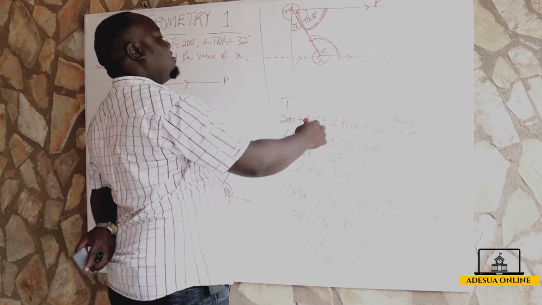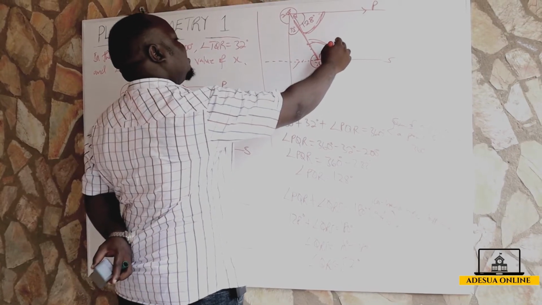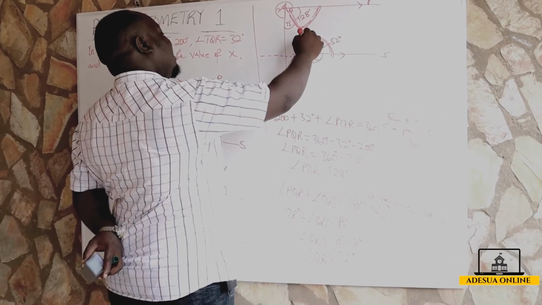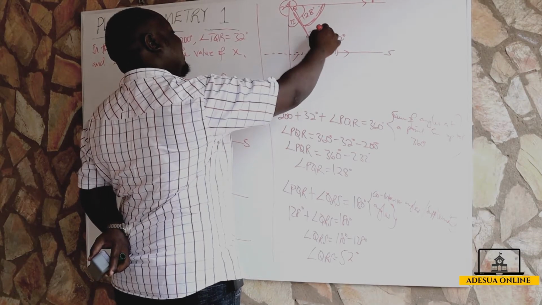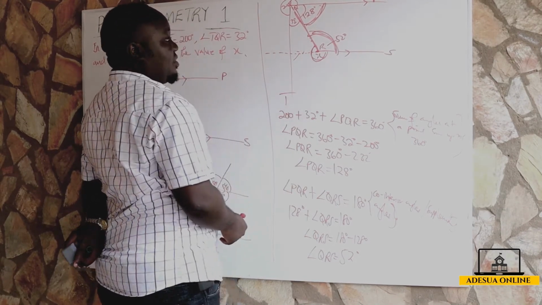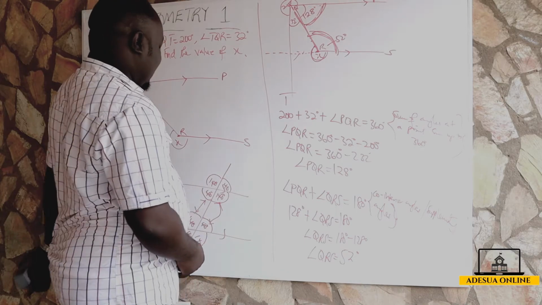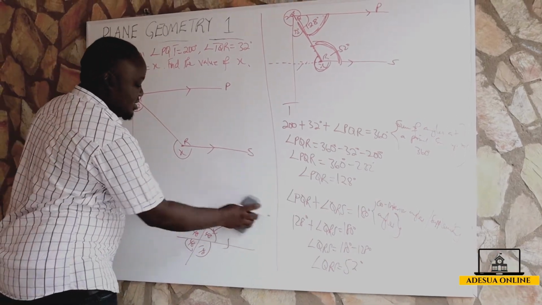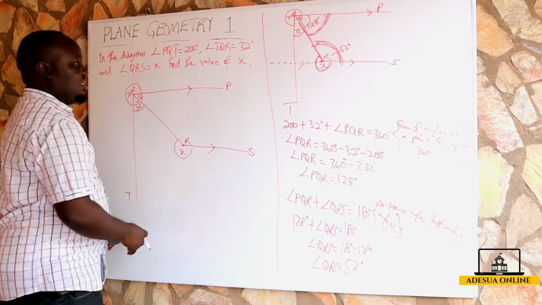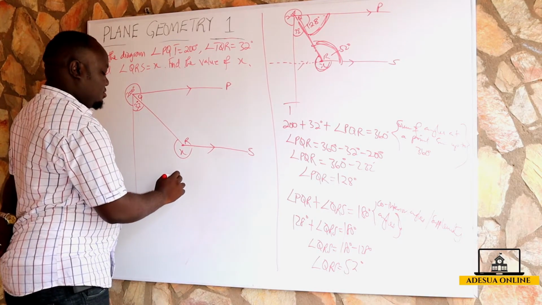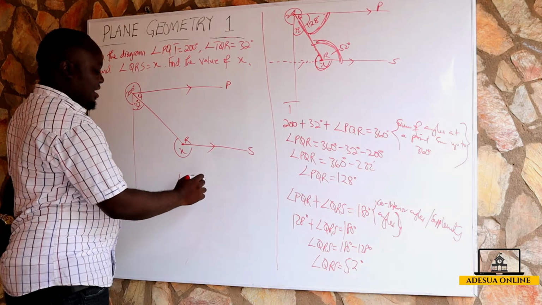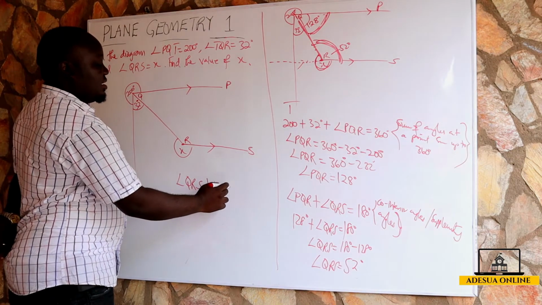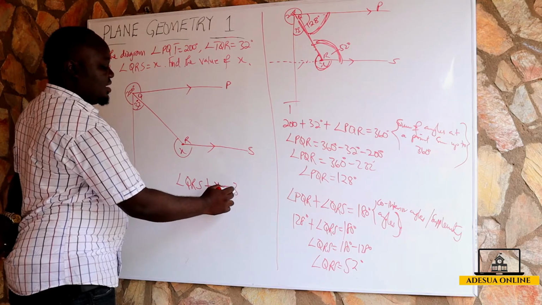Now, if angle QRS is giving us 52 degrees, now this is a point which has this as x and this as 52. So we can conclude that the sum of angles at a point add up to what? 360. So angle QRS plus x is equal to what? 360 degrees.